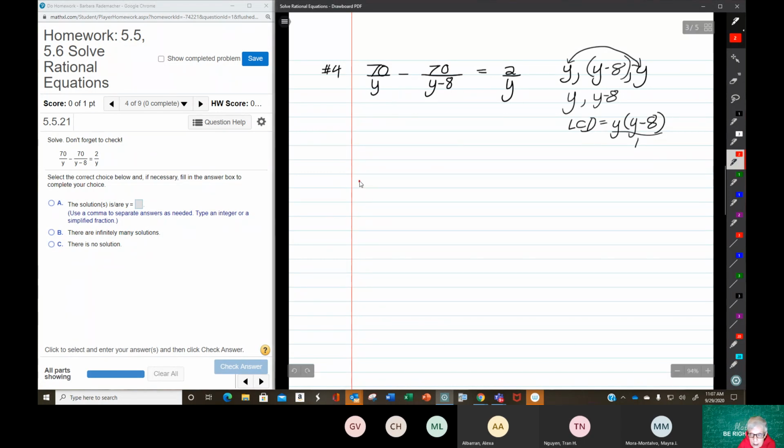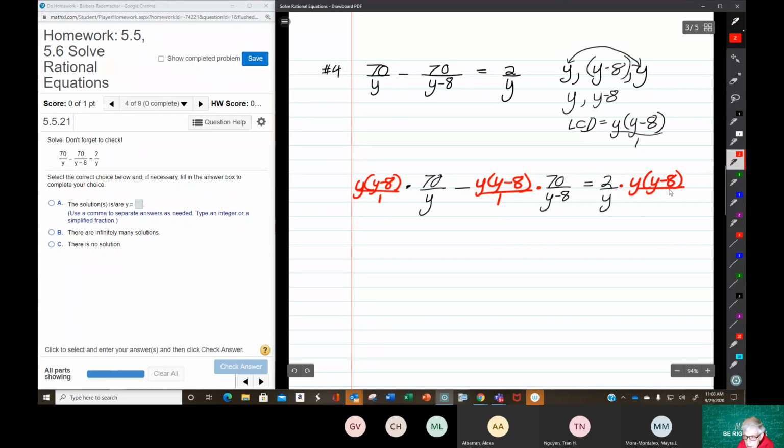So I will have y times y minus 8 over 1 times 70 over y minus y, times y minus 8 over 1 times 70 over y minus 8 equals 2 over y times y minus 8 over 1.